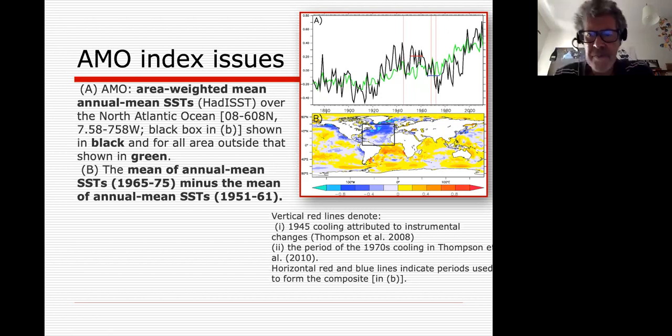There are some points marked by vertical red lines in which the pattern here may be related to changes in the instrumentation used for detecting or observing the SST.